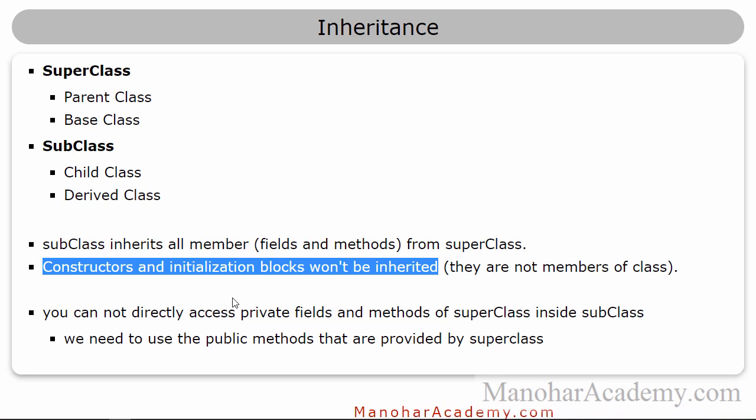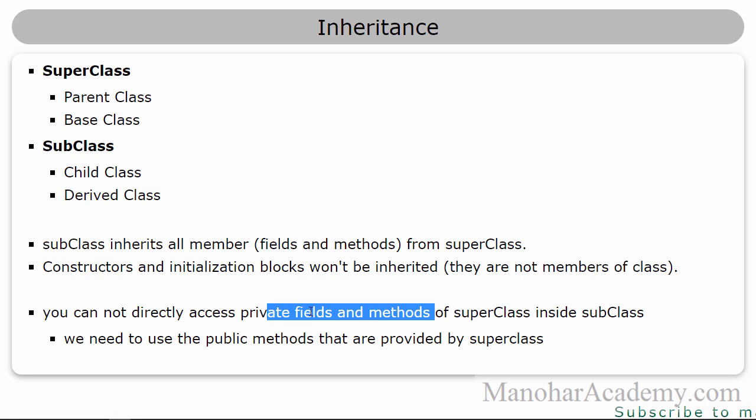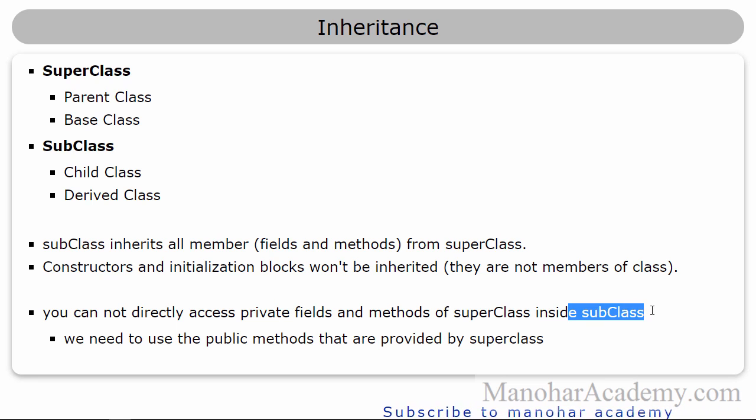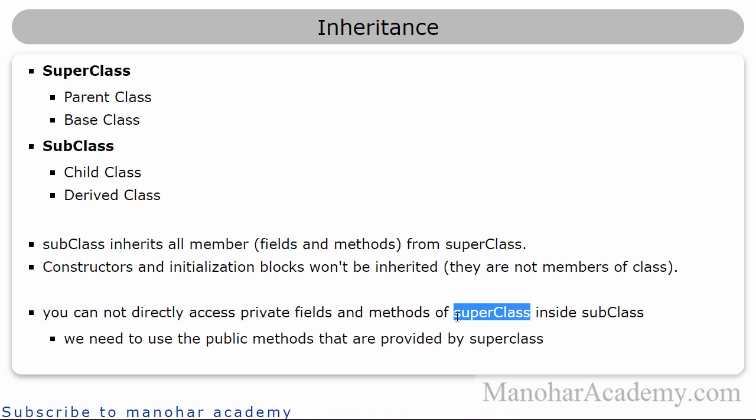Also, when we were designing classes, we said whenever something is private, it is not accessible from outside the class. That is true even in case of inheritance. We cannot directly access private fields and methods of the superclass inside the subclass. What do we mean by that? In our case, the subclass is student and the superclass is person.